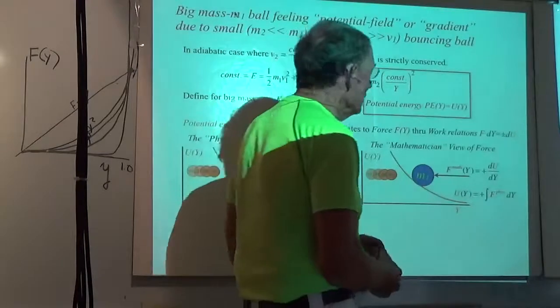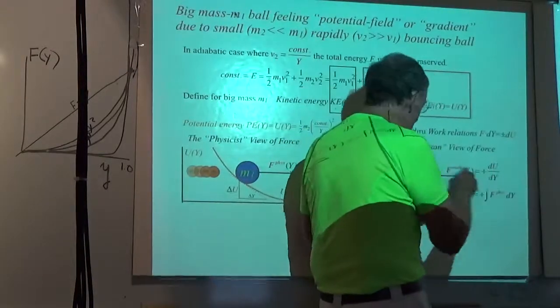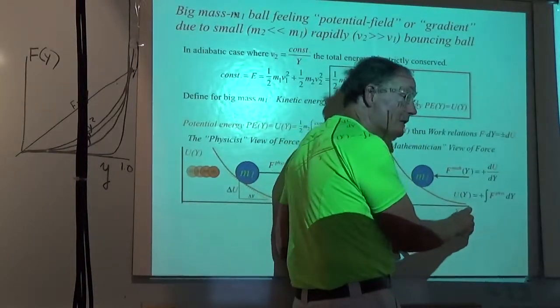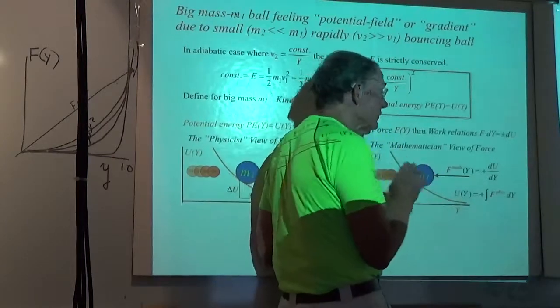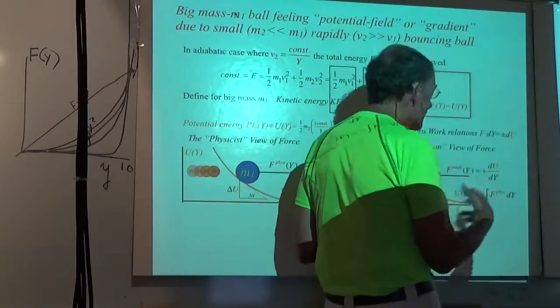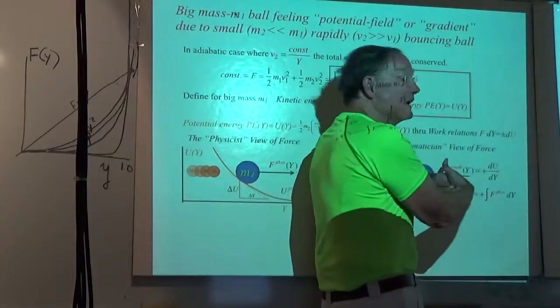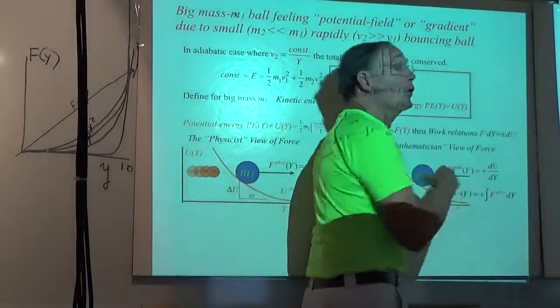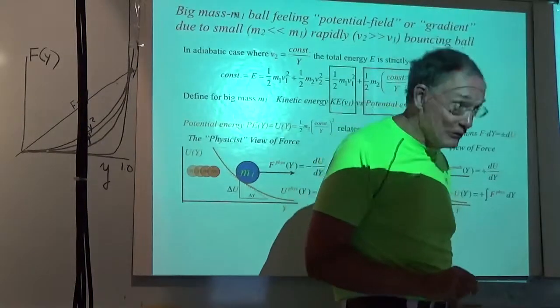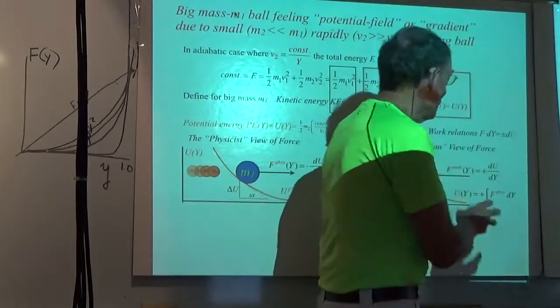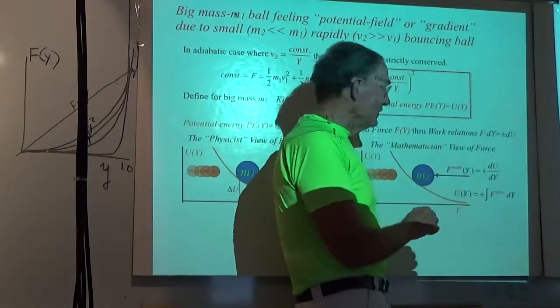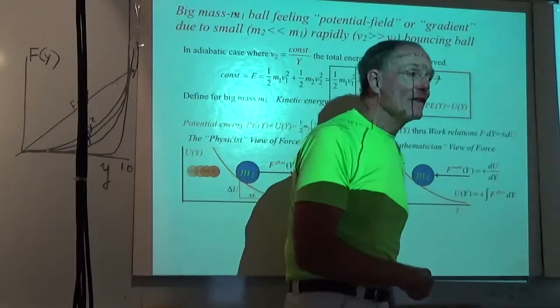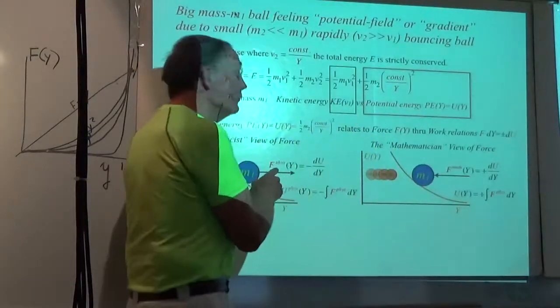The derivative of that curve is very negative. And the mathematician would say you have to apply a negative force to hold it there. Okay. To hold it there. This is the force to hold. That's the other way to say F math. This is the force to go.